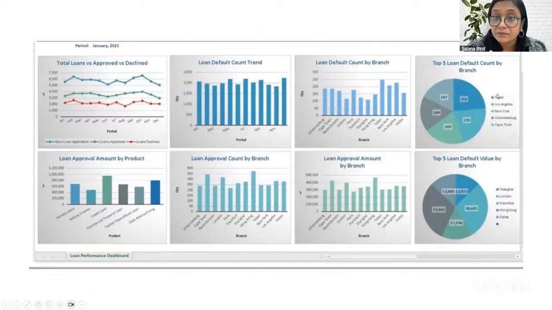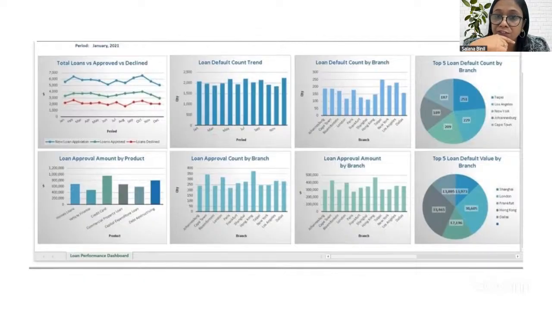All put together in a pie chart, a pie bifurcation gives you the exact location and the number of the default count. With a quick glance at that pie chart, you can make out which is the location that has the maximum defaults.